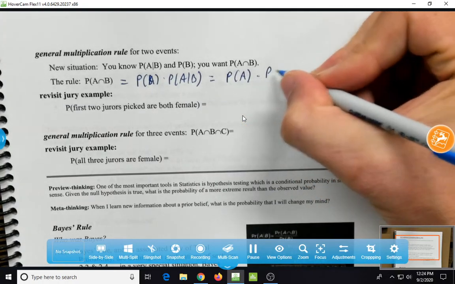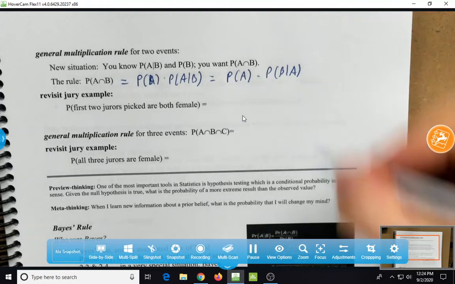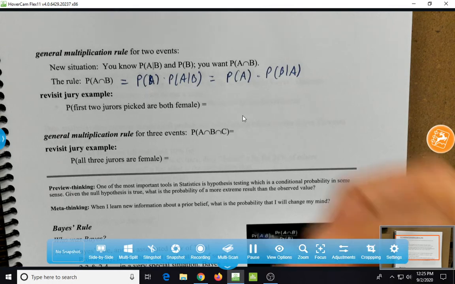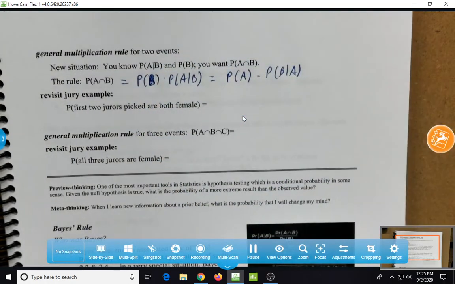Yeah, so you could do it in either order. Is that supposed to be probability of A? Yeah, I tried to write this over to make this a B. It's another way of thinking about it.